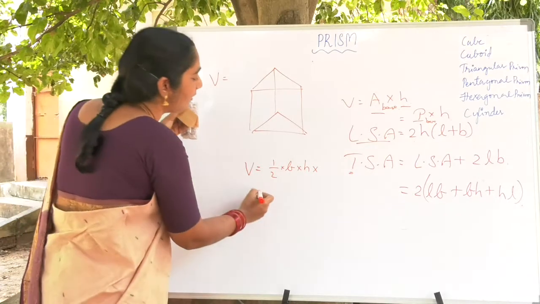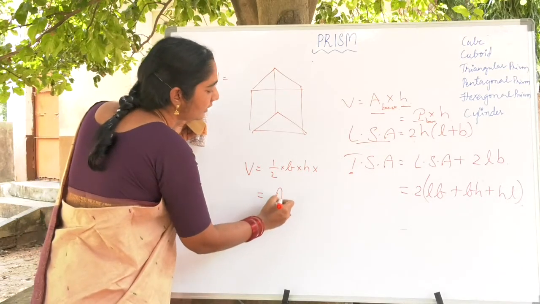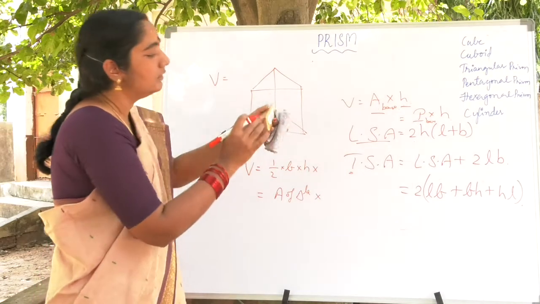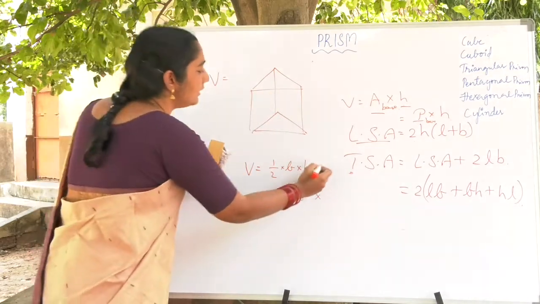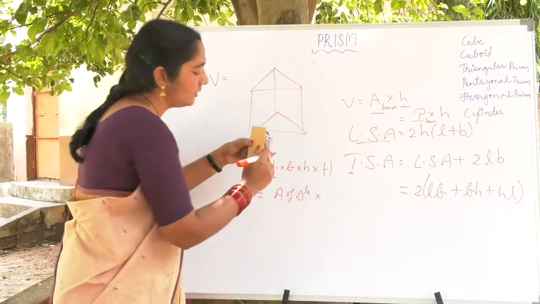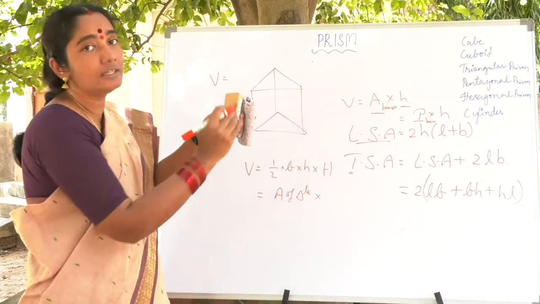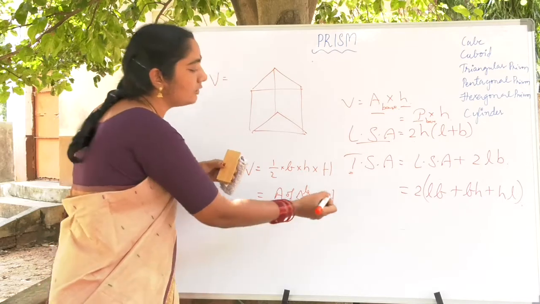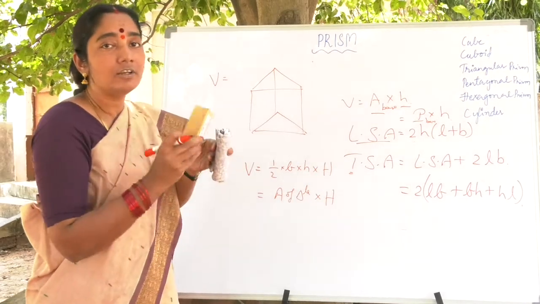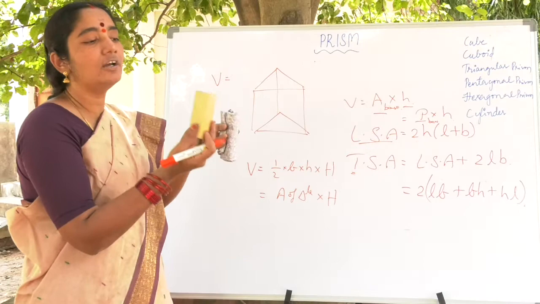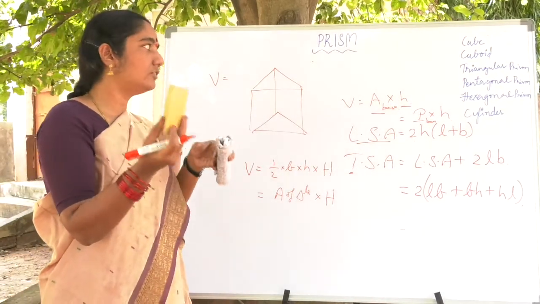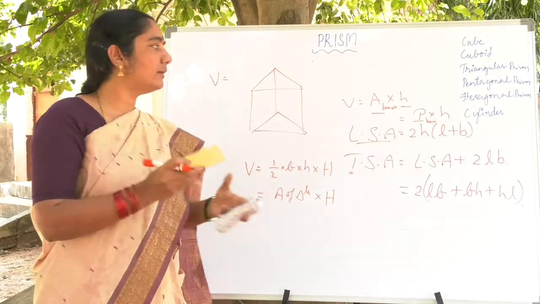Now let us call this other height capital H. So area of the base into height, when you take it, gives you the volume of the triangular prism. Volume is nothing but area of the base into height.